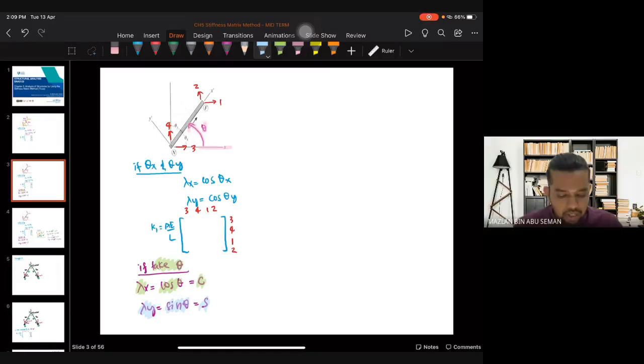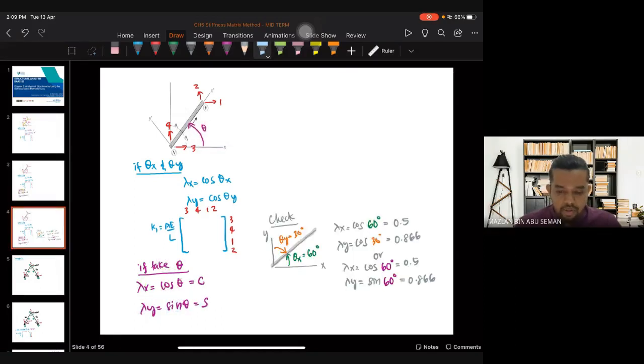Okay, then let's check. Take this as a simple member. This is your x, this is your y. If your theta x is 60, then your theta y is 30. So for lambda x, cos 60 is 0.5.